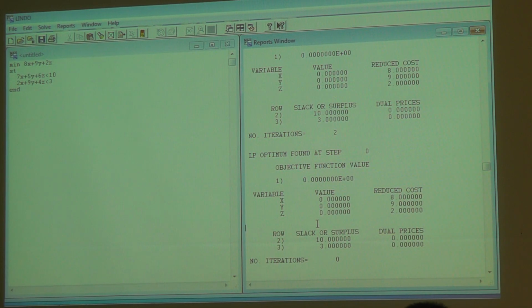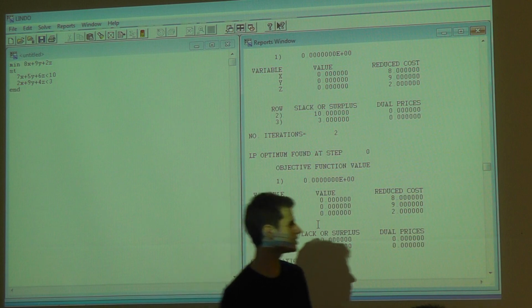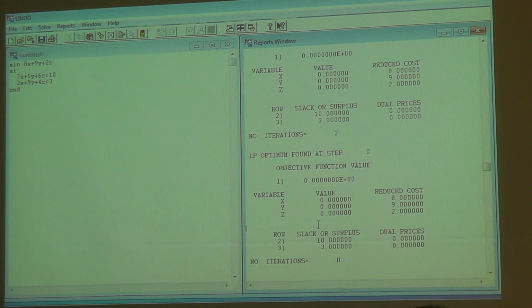Let me go back to our production problem that we discussed for maybe 2 or 3 weeks now. I'll recall what it was.